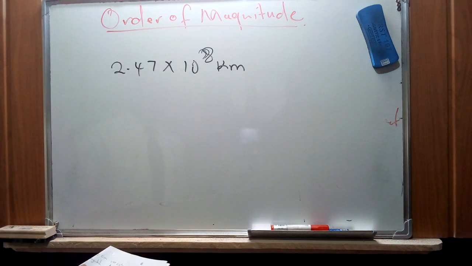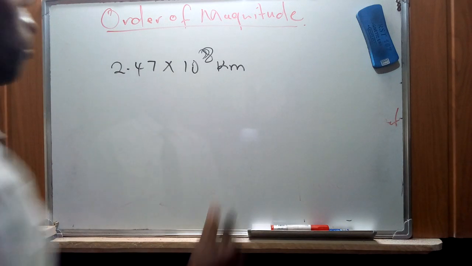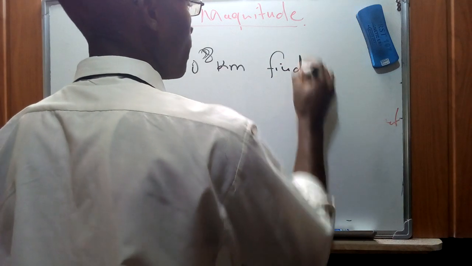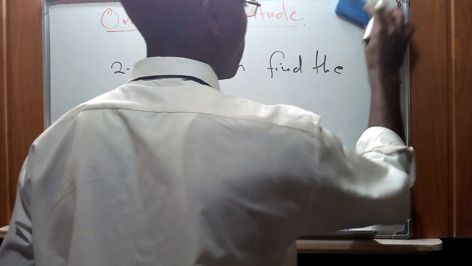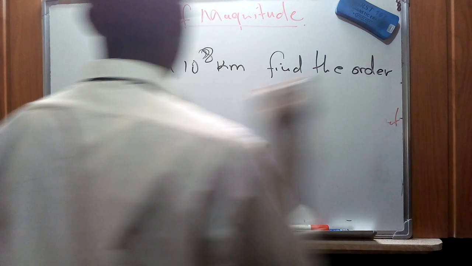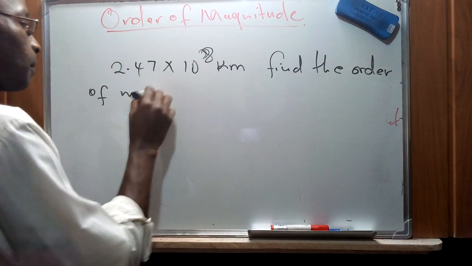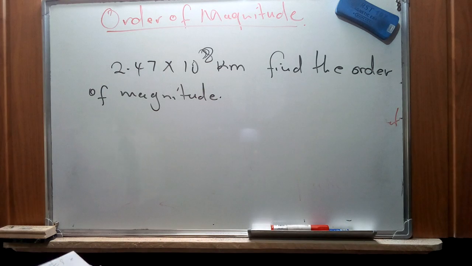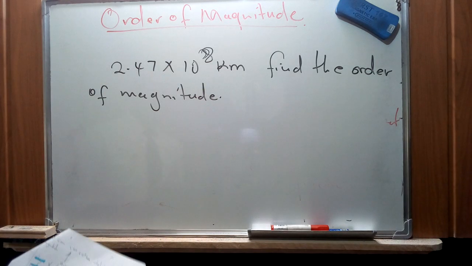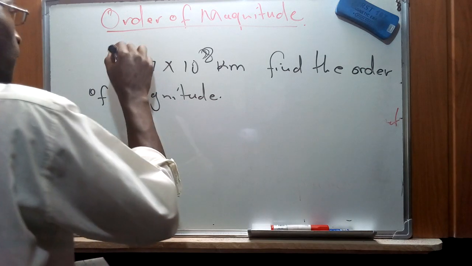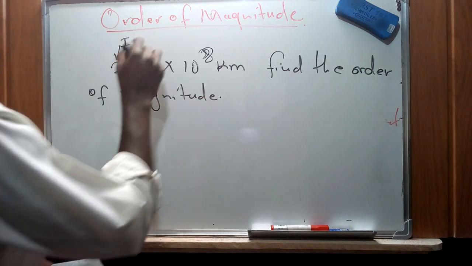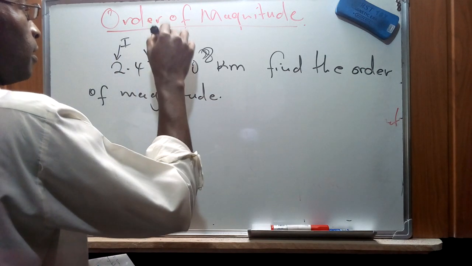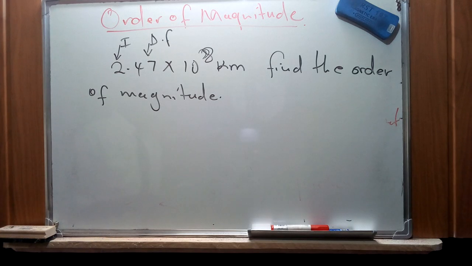So therefore, given the number, we're being requested to find the order of magnitude of this particular number. As we have said, we can see that the number has an integer, which is 2, a decimal fraction part, and then an exponent.